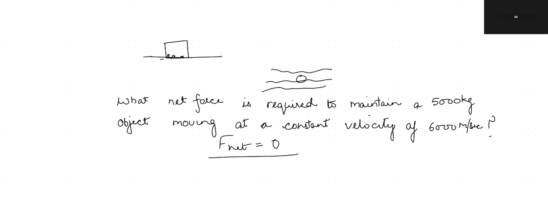Because there may be forces acting on it, like the applied force and the friction force, but they may be balancing each other, so there is a constant velocity. There is no acceleration. Acceleration is 0. That's why net force is also 0.